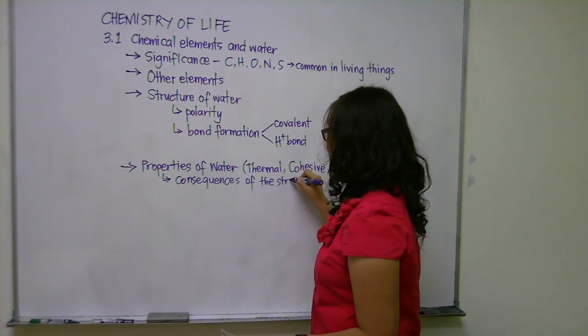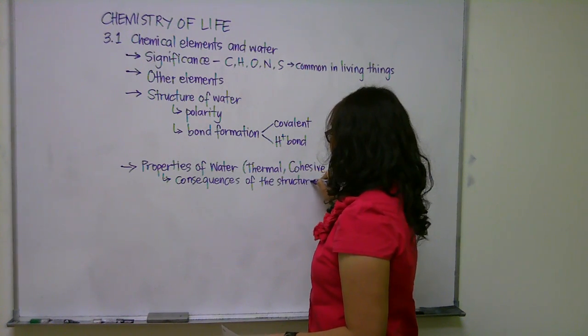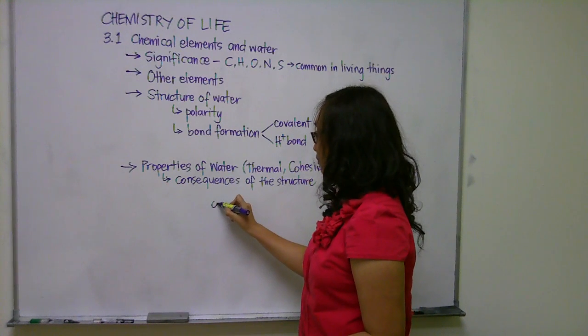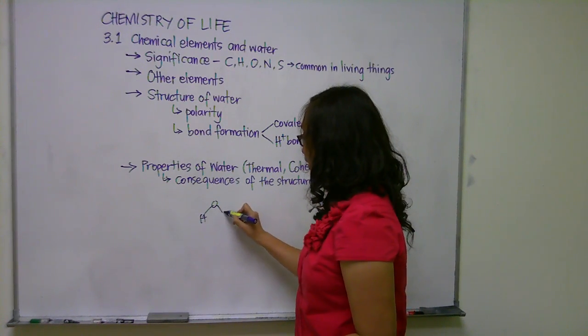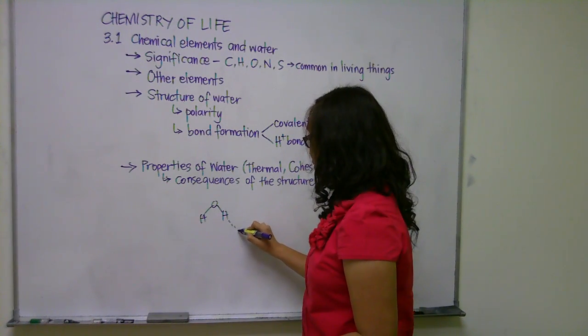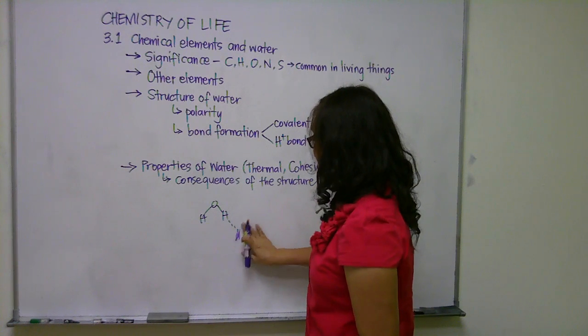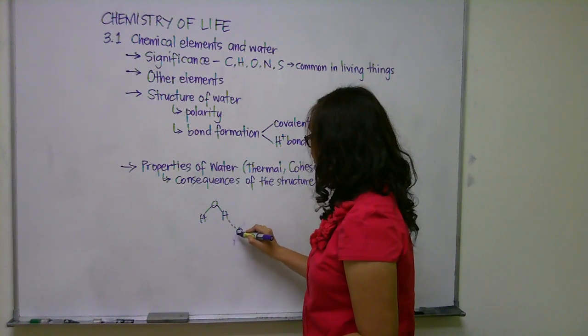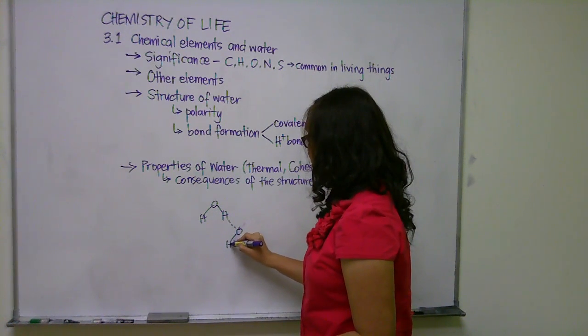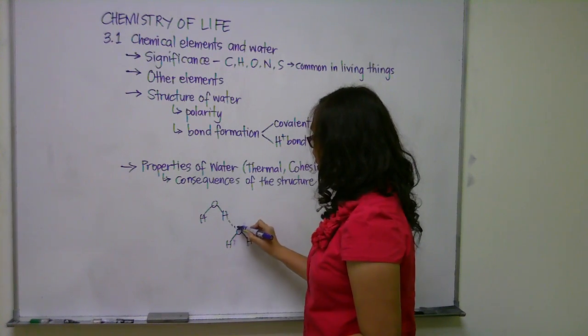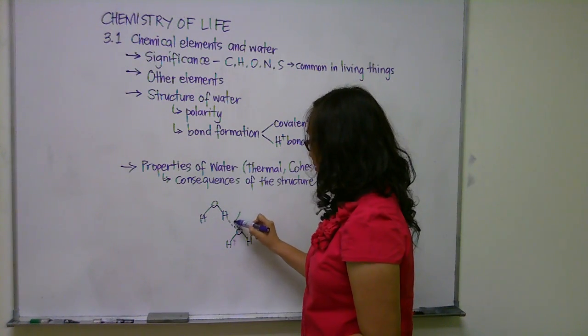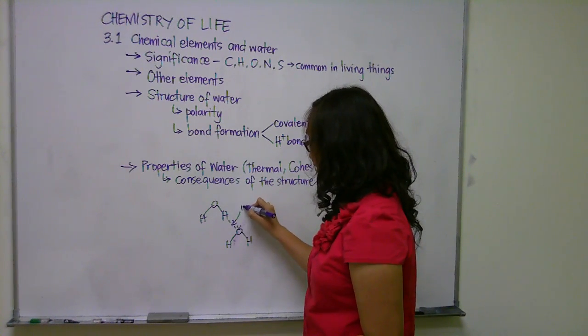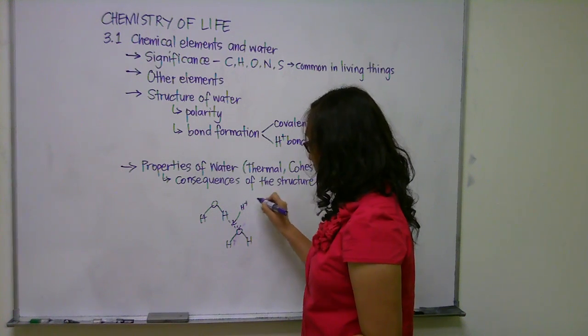Okay, so for example, let's just say we have a water molecule here interacting with another water molecule. The bonds that are holding the water molecules together are the hydrogen bonds.